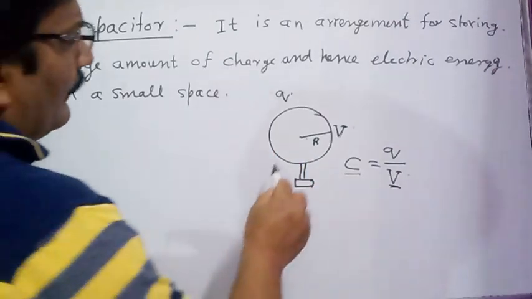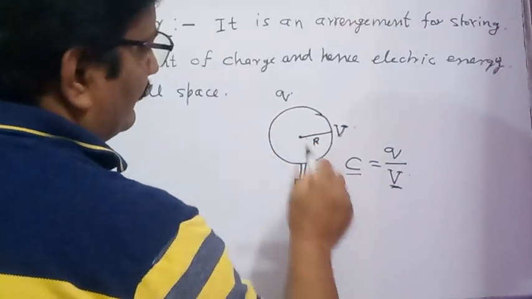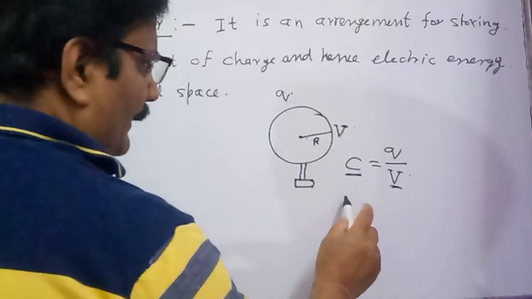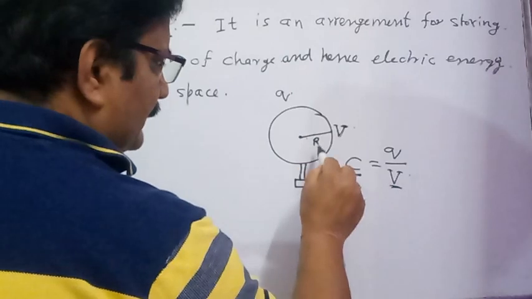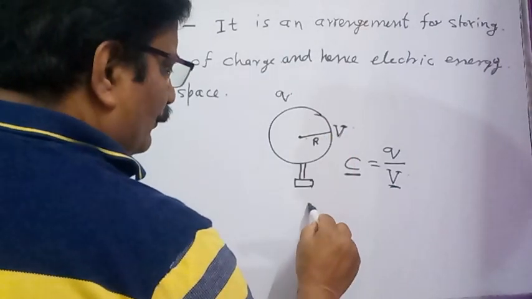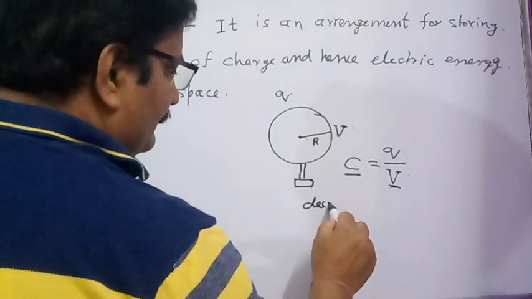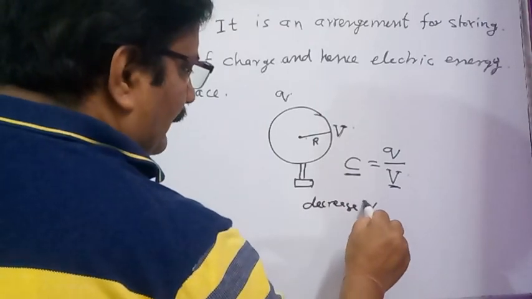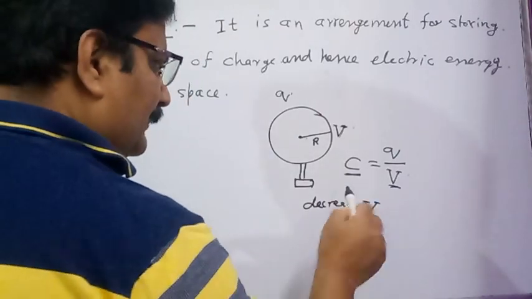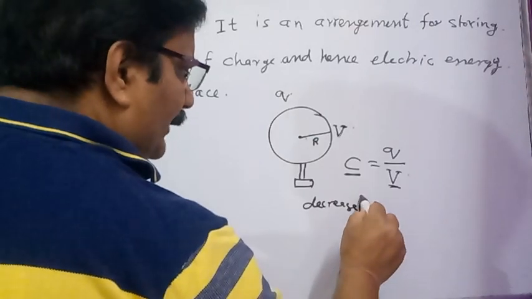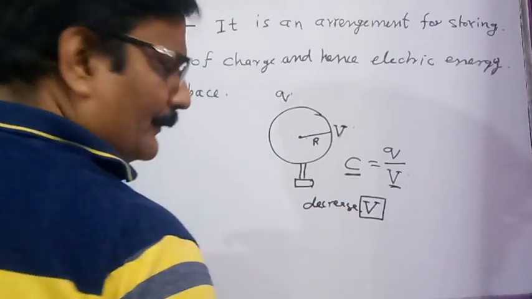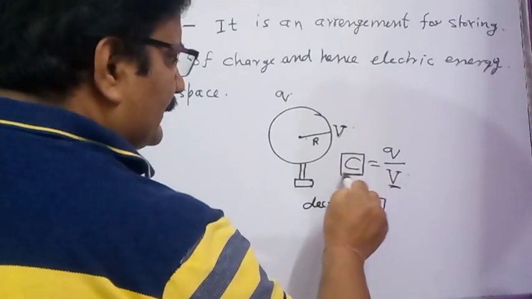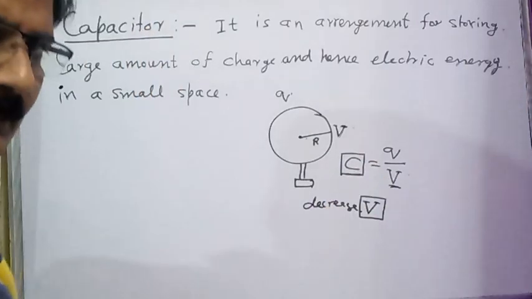So how can we increase the capacitance of the conductor? Here you can see, to increase the capacitance of this conductor we need to decrease the potential on its surface by any means. If we can decrease the value of V, then we can increase the capacitance of that conductor.